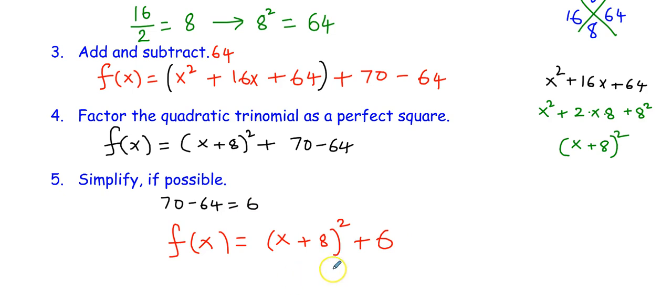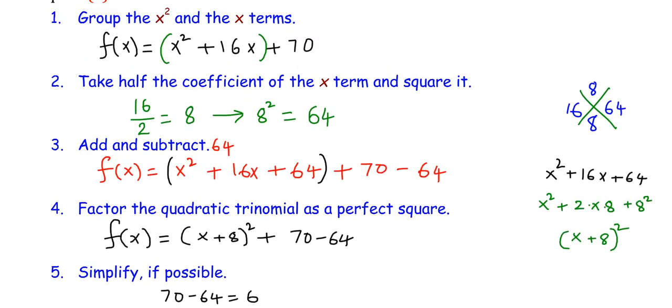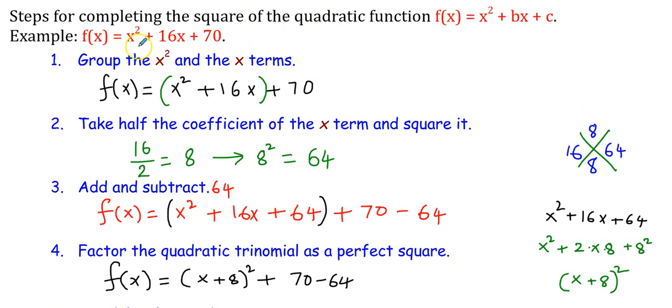This is the changed or transformed form of the given function. They gave it to us in the standard form, we changed it into vertex form. Alright. What are the steps? Very simple. Group these two together, x square plus 16x.